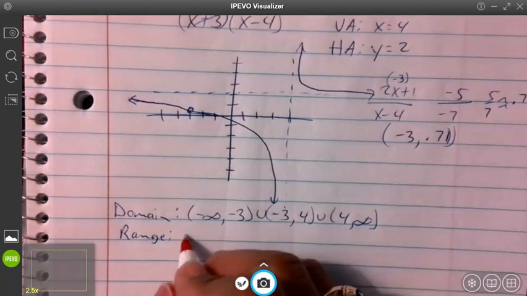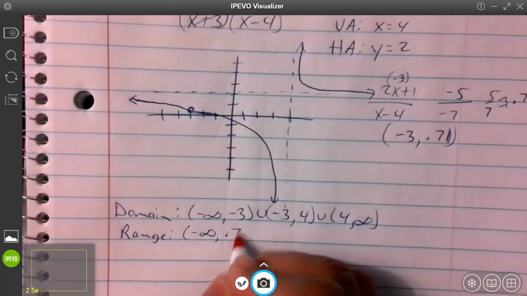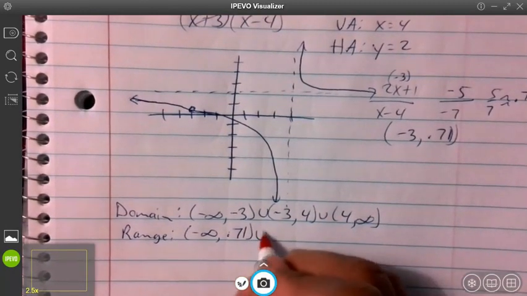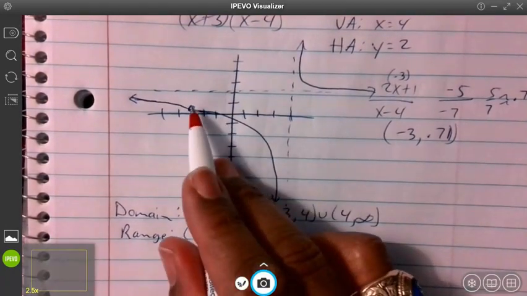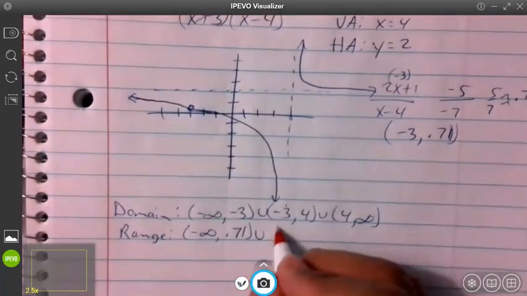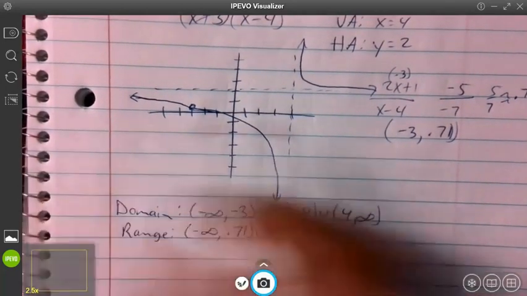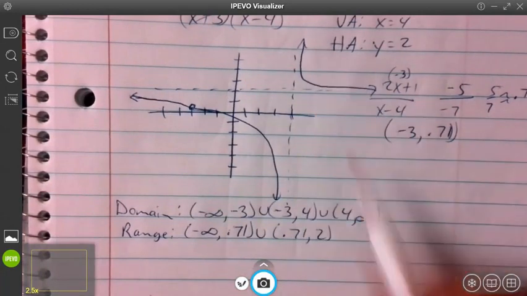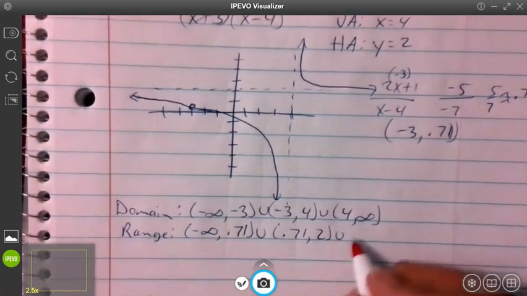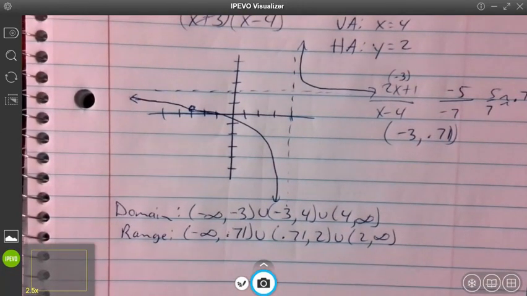So your range will be from negative infinity to 0.71, and then from 0.71 up to this horizontal asymptote of 2, and then from the third part, from 2 to infinity. Remember, we have unions in between.